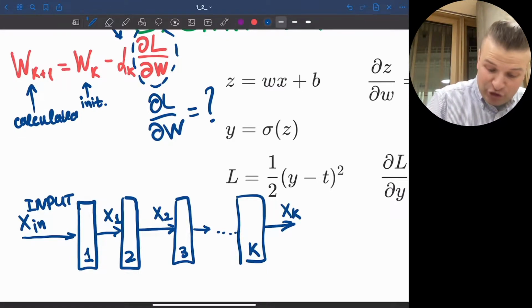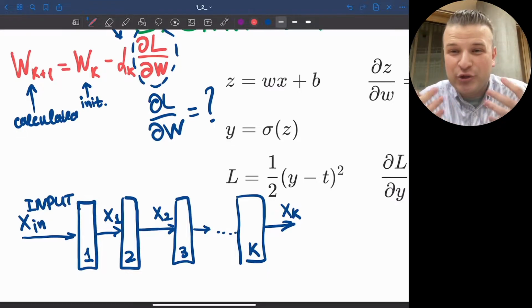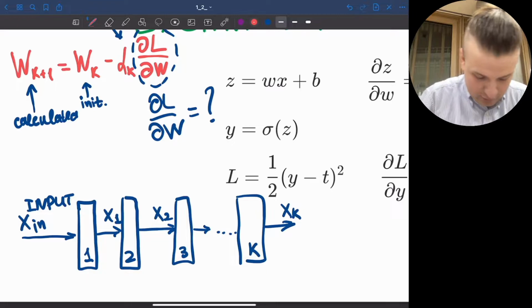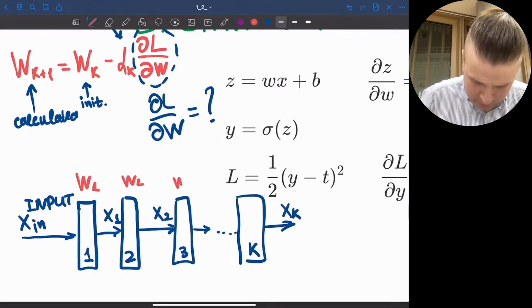And each of these transformations has its own parameters which need to be tuned. For example, W1, W2, W3, Wk.